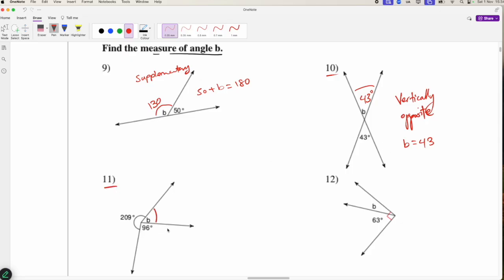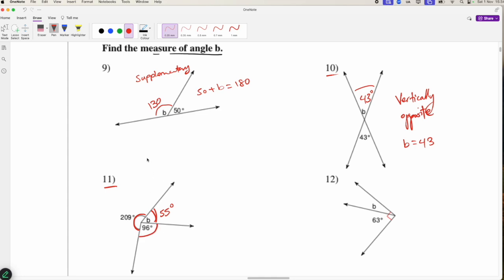Number 11, B. 55. Did you all get that? Right. What kind of angles are these? Angles around a point.